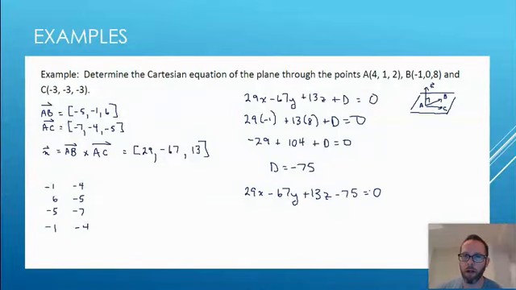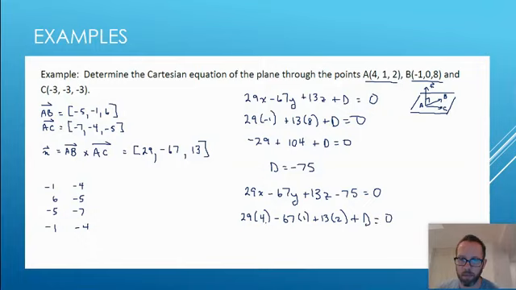All right, we've got it. I might actually just check my answer. It shouldn't matter what points I sub in, whether A, B, or C. I should get the same D value of -75. So for fun, I'm going to plug in A and see if I did it right. So 29 times 4 minus 67 times 1 plus 13 times 2 plus D equals 0. 29 times 4 is 116.